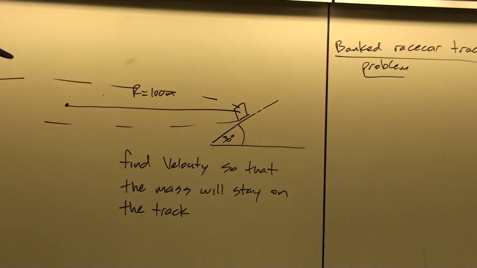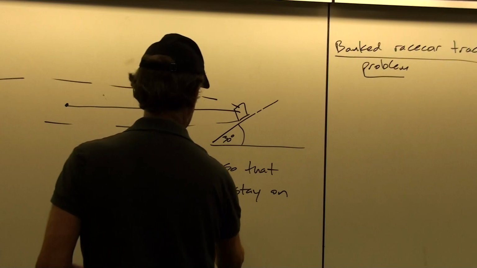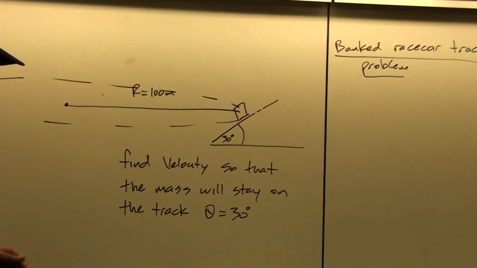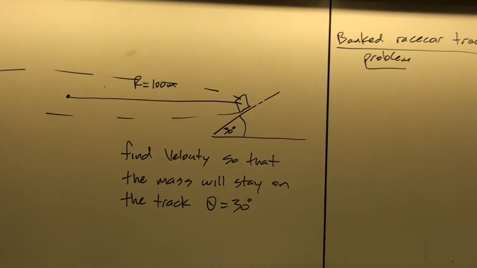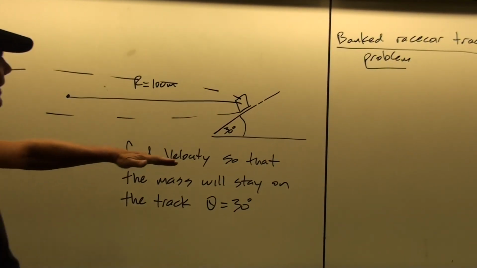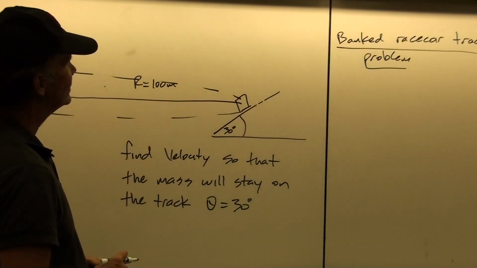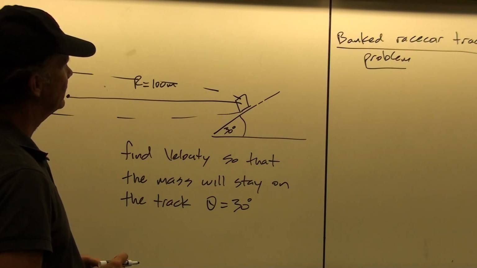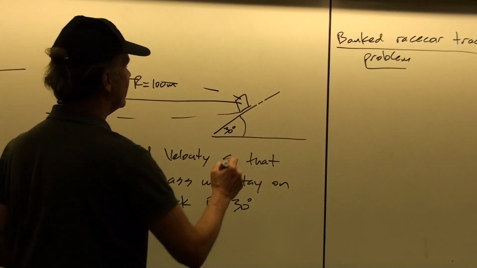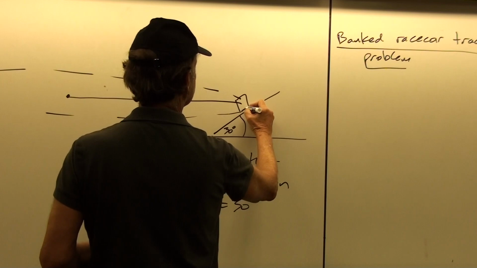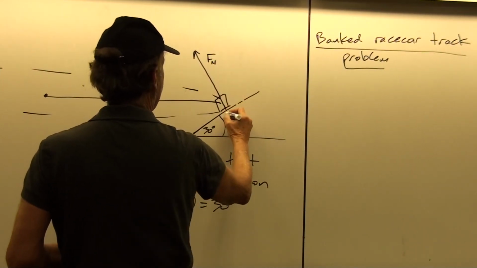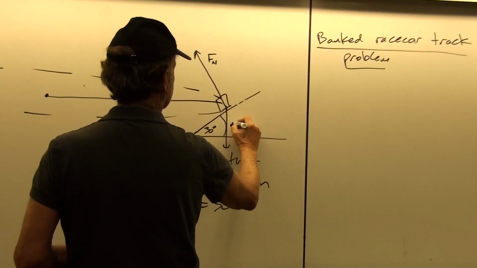We just want to find the velocity so that the mass will stay on the track, where the theta angle here of the inclination of the track is 30 degrees. Okay, and so we're basically saying, well, we're stuck with a track that has this, and so we're going to see what kind of a velocity will result from that. All right, so what do we want to do here? Well, on this mass, we've got a normal force, and we've got a weight force.